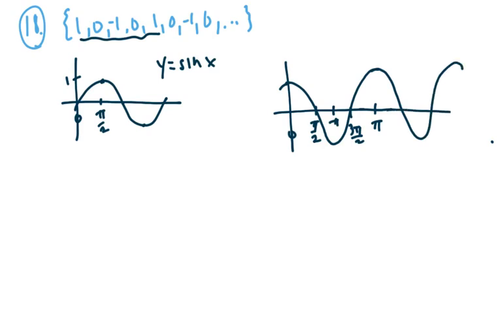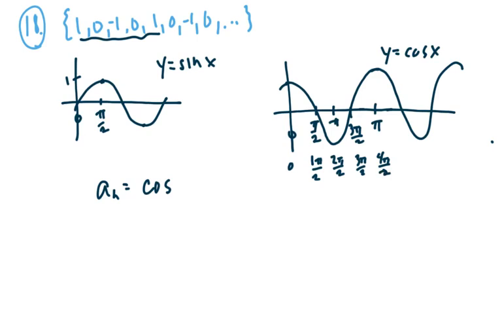So when we try to come up with a general term, if you think about cosine, this is y equals cosine x. So a sub n equals cosine. Now we don't just want to say n. We want to look at this as this is 0, and this is 1 pi over 2, and the next one is 2 pi over 2, and then we have 3 pi over 2, and 4 pi over 2, and 5 pi over 2.